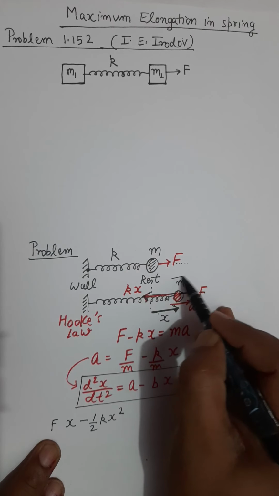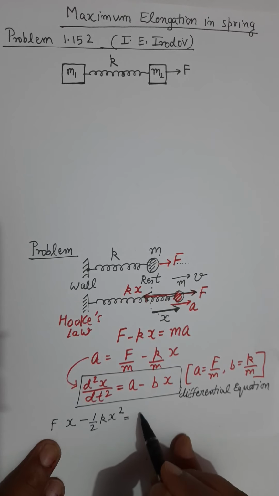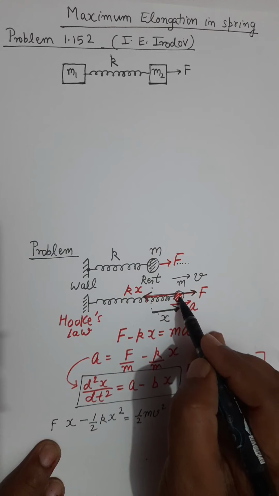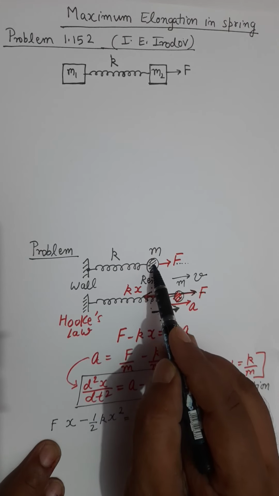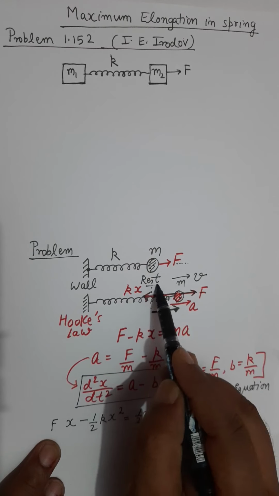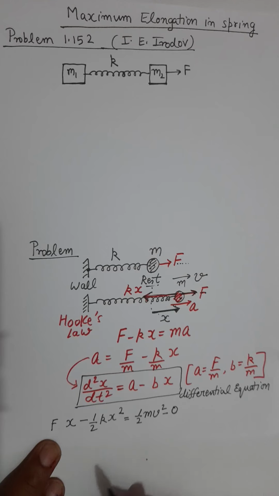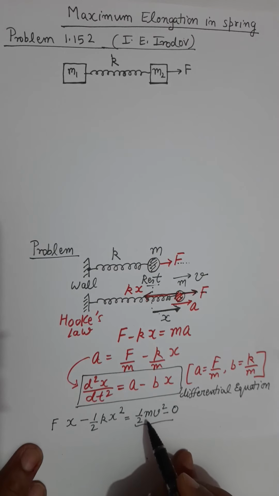So if this mass has velocity v at some time, the change of kinetic energy will be half m v square, which is the kinetic energy at this point, minus the kinetic energy in the beginning. But in the beginning the mass was at rest, so there was no kinetic energy. Notice that the right hand side can never be a negative value, because of mass and v square.